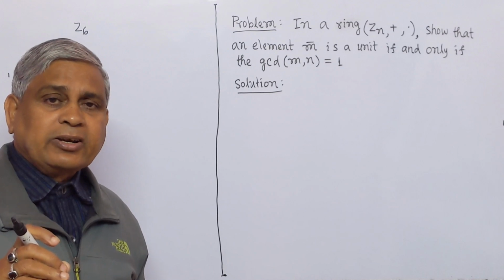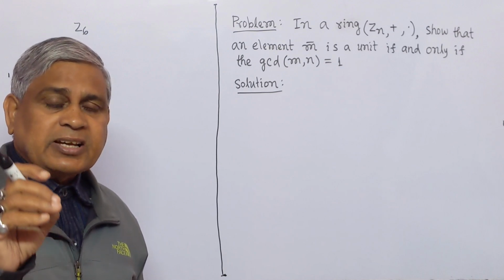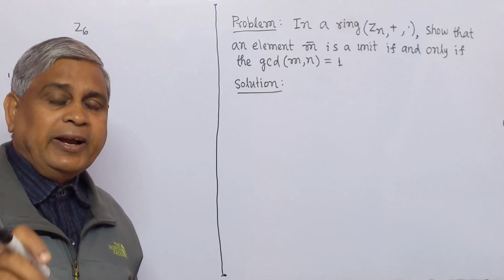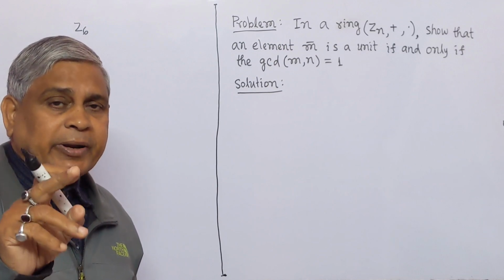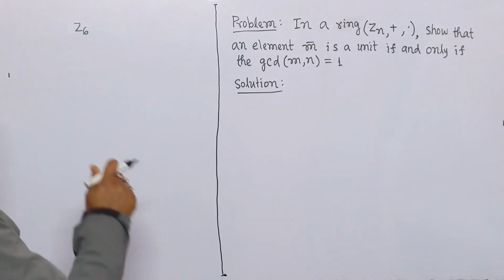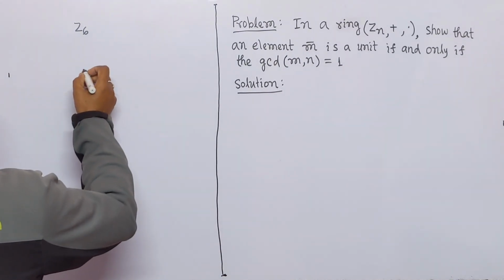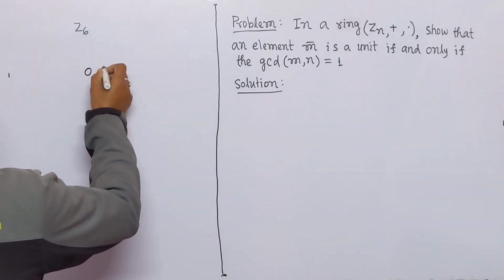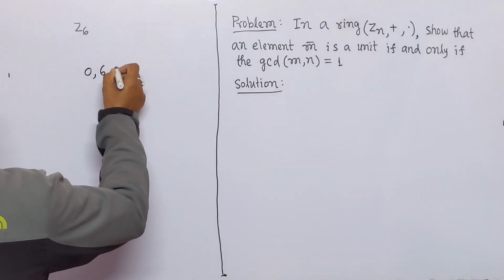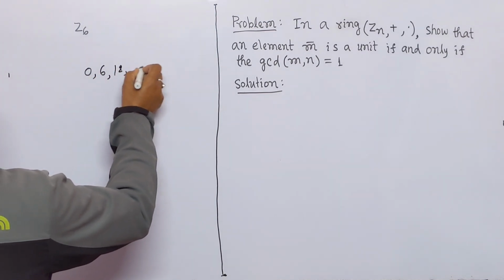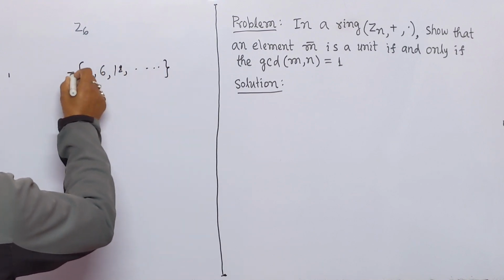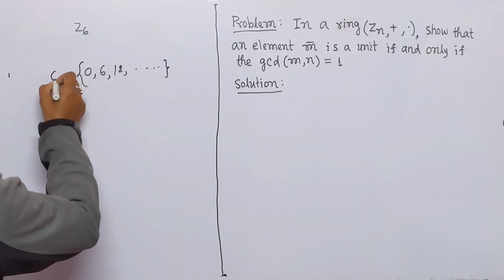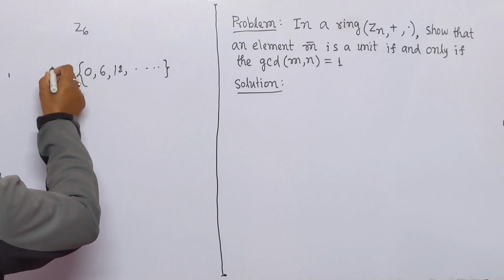Now we collect all those integers such that if they are divided by 6, they will give the remainder 0. These integers are 0, 6, 12 and so on. We call this set by the symbol 0 bar.